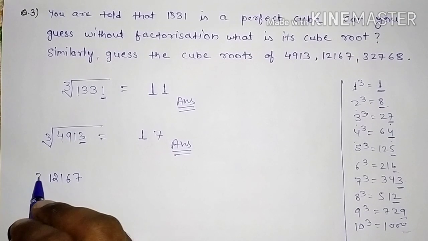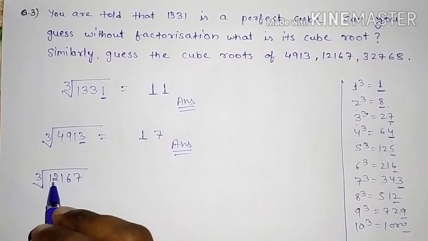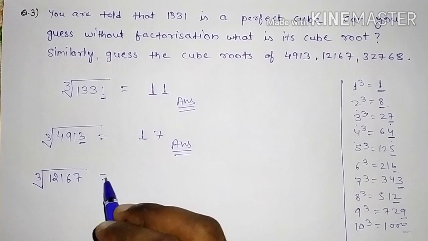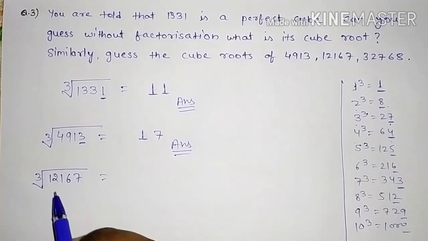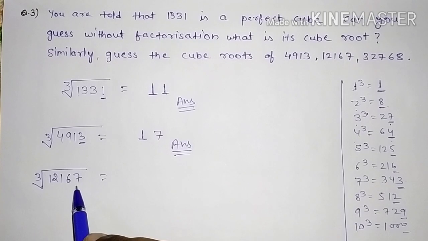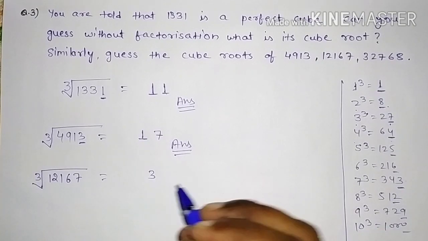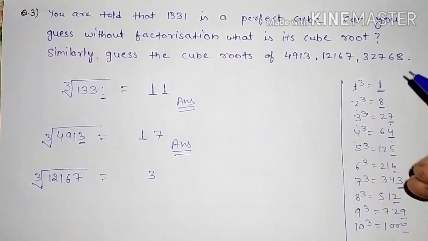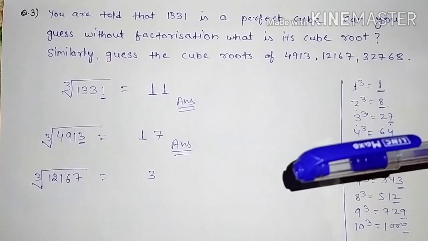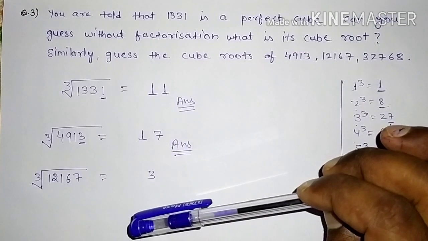12167. The cube root of this number we have to find. Again, same procedure. What is the unit digit of this number? 7 is the unit digit. So here we have to check whose cube has unit digit 7. 343 ends in 3, and 27 ends in 7. That means 27 is the cube of 3. So here we can write 3. Next step, we know we cover 3 digits from the right side.